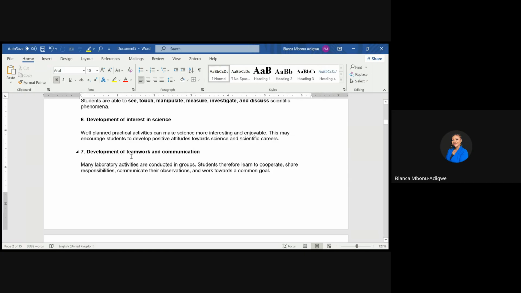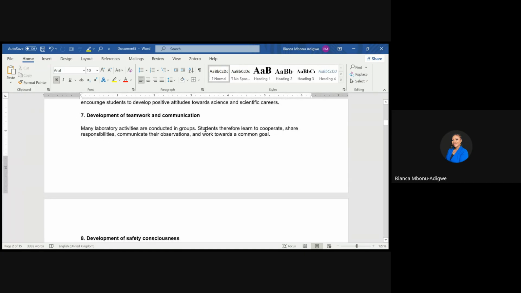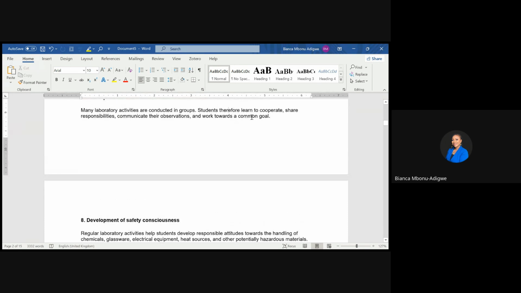Okay, all right. So, development of teamwork and communication. You know that most times in our secondary schools, many of our lab activities were group work, group activities. So students learn how to cooperate, communicate their observations, and work towards a common goal.